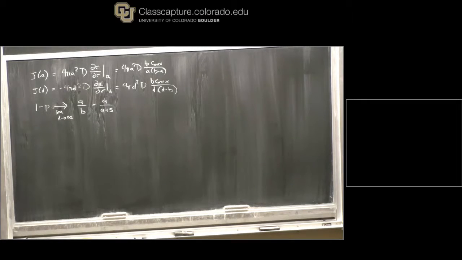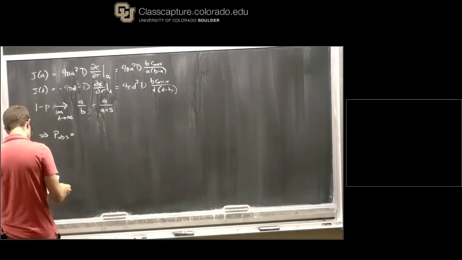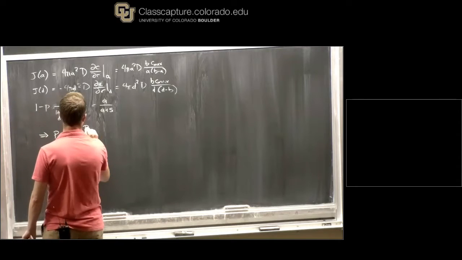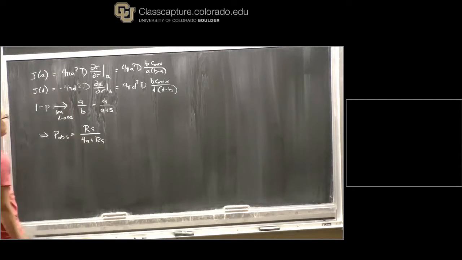Once again, it's just algebra, and what I get is the absorption probability is RS over 4A plus RS. Also nicely simple, yeah.